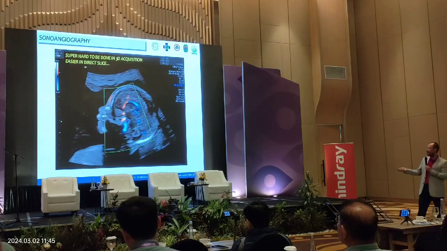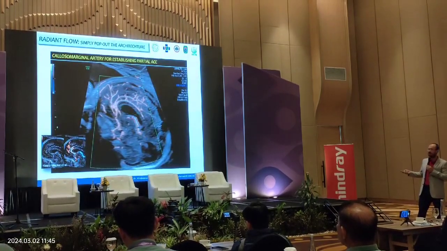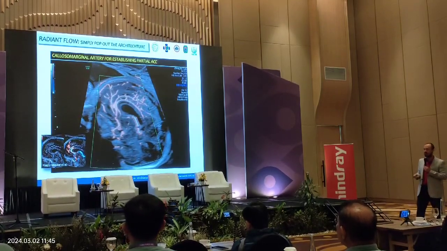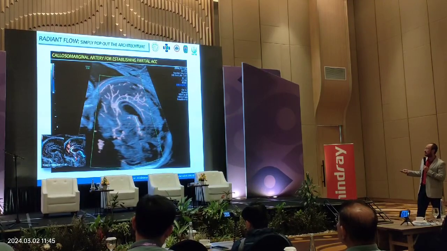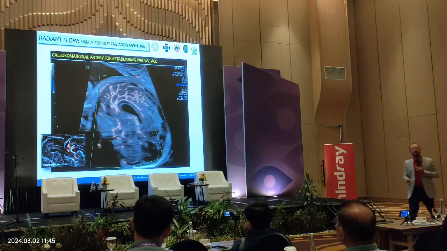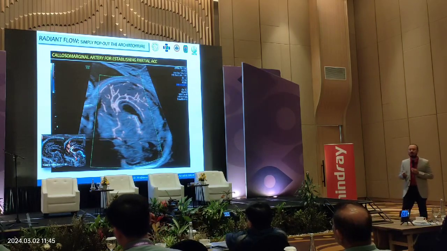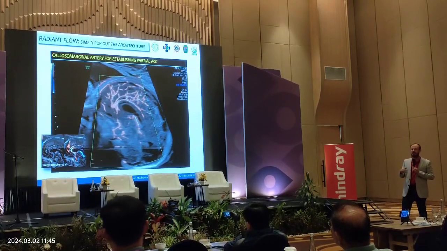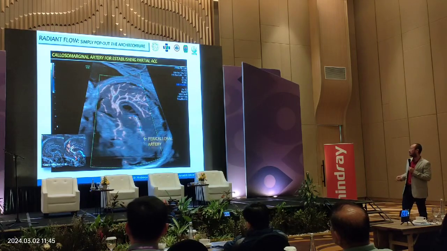It's very hard to find a picture like this, because if we want to see partial agenesis of corpus callosum, we should see the callosal marginal artery, and we cannot do this by 3-dimensional sonography. So until now there is some minus to doing 3-dimensional sonography.